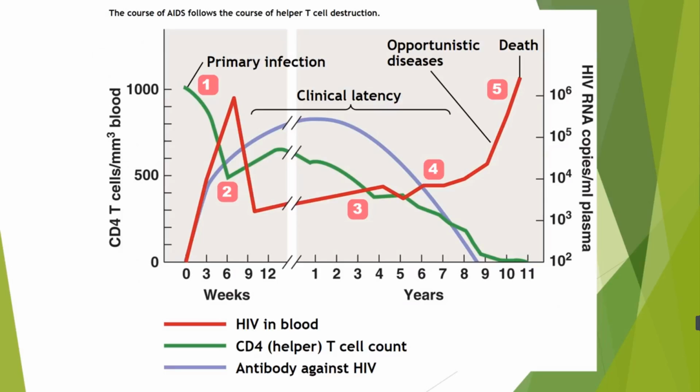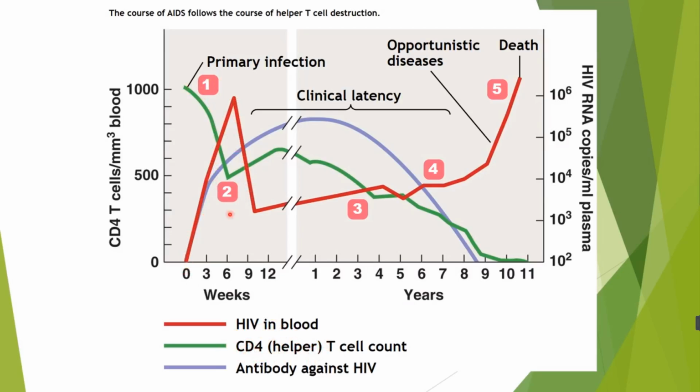In terms of the course of action that the HIV virus follows, up here we have our primary infection of the virus. So here's the number of HIV we have in the blood. As time progresses, it increases and then decreases. In the primary infection, we're looking at the levels of CD4 T helper cells.